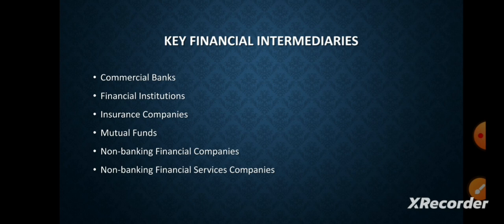There are many specialized financial institutions like Small Scale Industries Development Bank of India, Export Import Bank, National Bank for Agriculture and Rural Development, Shipping Credit and Investment Corporation of India, Power Finance Corporation, Rural Electrification Corporation, Infrastructure Development Finance Company, and National Housing Bank, which are specialized in lending loans for different sectors.